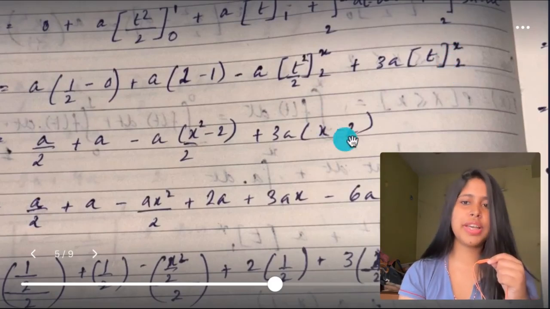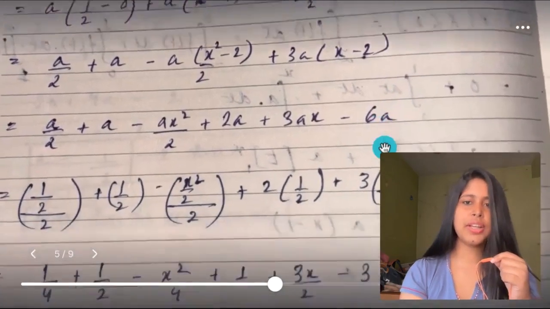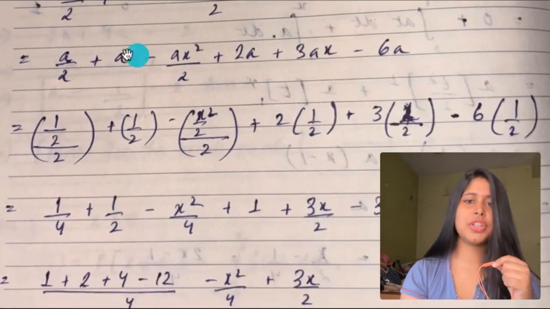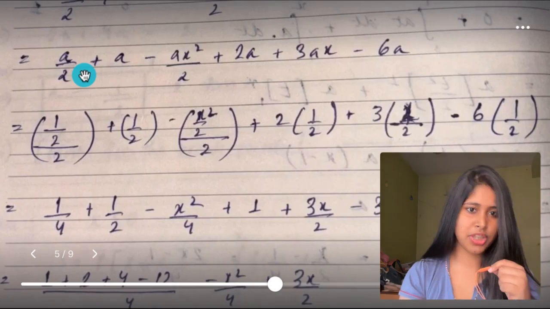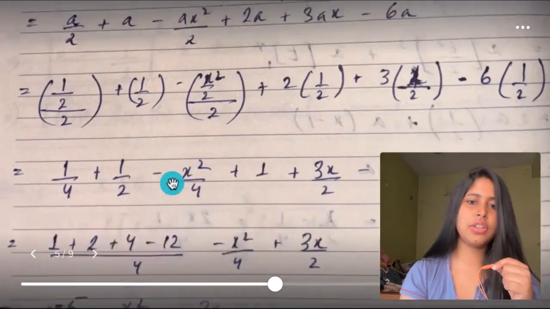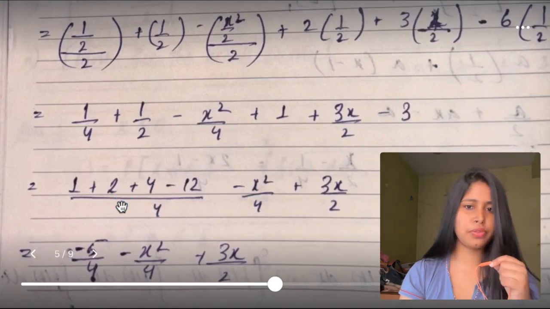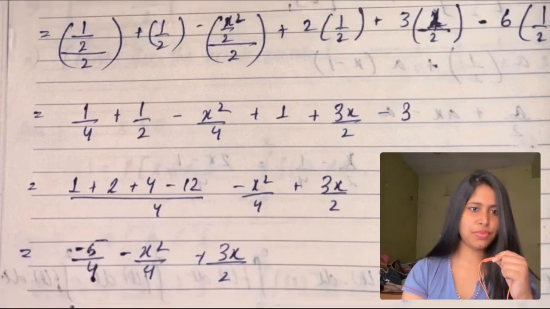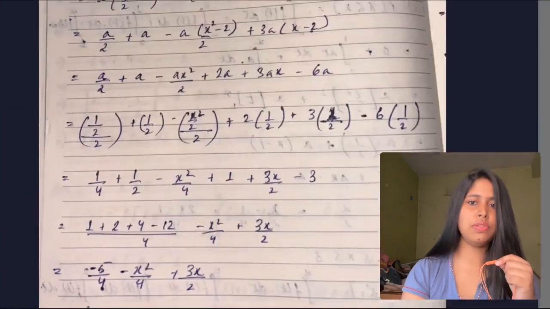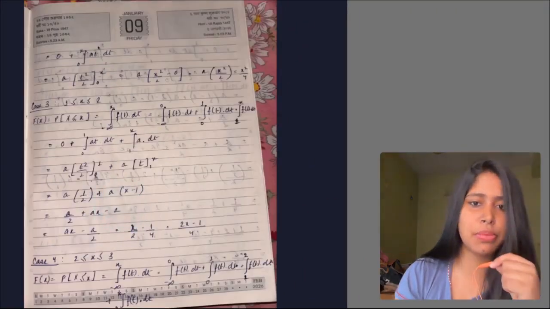So 3a into x minus 2, and you compute the whole value, and you know the value of a here, which is 1 by 2. So you get the answer to be minus 5 by 4 minus x square by 4 plus 3x by 2. This is the final answer for case number 4.